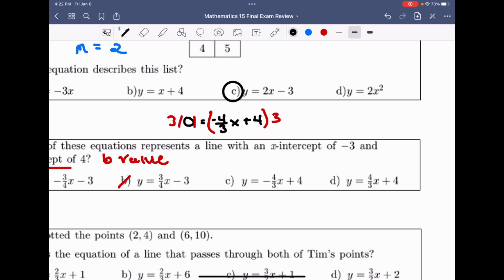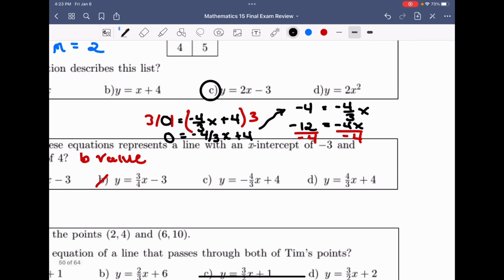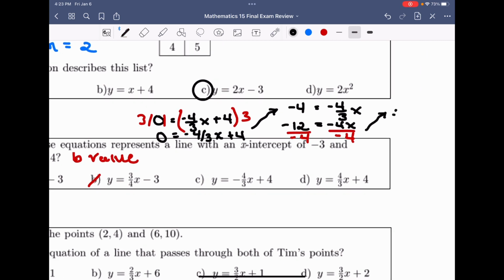I'm going to subtract 4 to the other side, which gives me -4 is equal to -4/3x, which is -12 is equal to -4x. I divide both sides by -4, and -12 divided by -4 gives me an x value. Therefore, x is equal to 3.